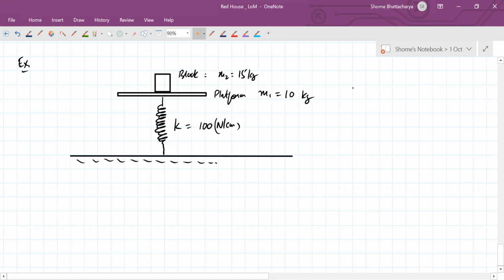And g is 10 meters per second square. So the system is initially in equilibrium.